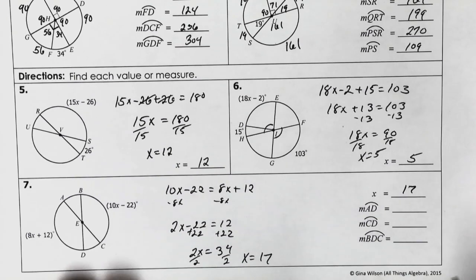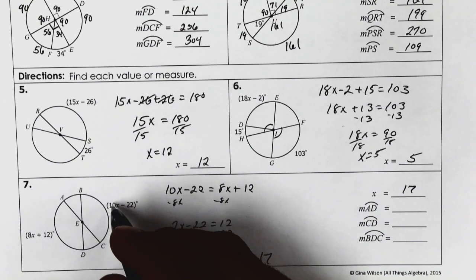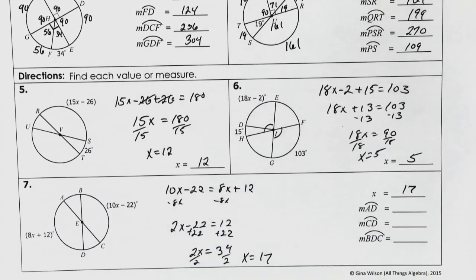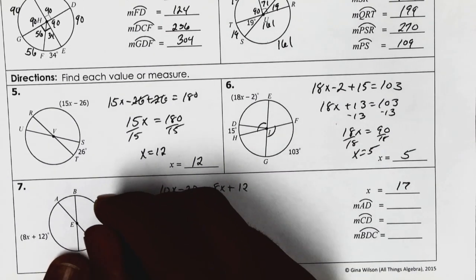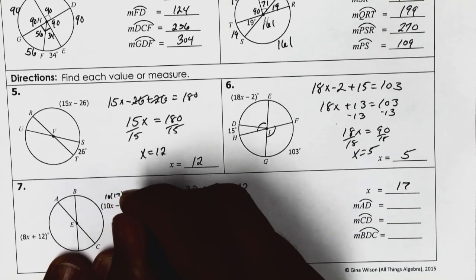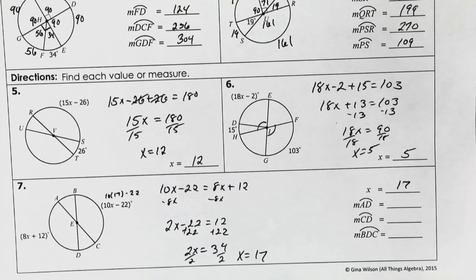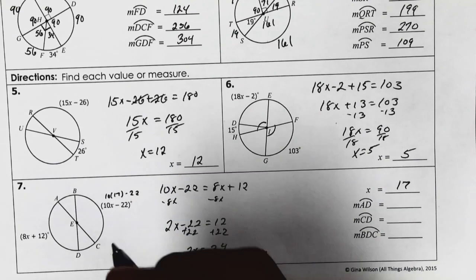Now for this problem, we have to plug the 17 back in to get the arc measures, and from there we can get the rest of the circle. It doesn't matter which of those two you plug it into. If I do 10 times 17 minus 22, that gives me 148.